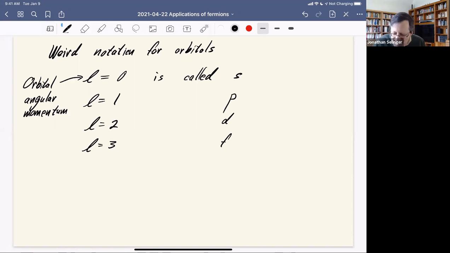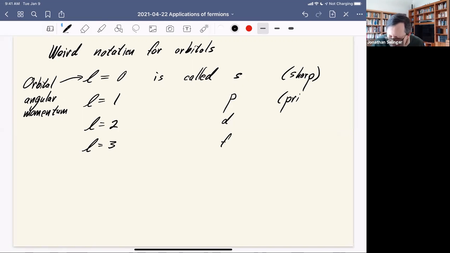Well, this is really old-fashioned notation, and when people were first observing spectral lines, right, doing spectroscopy experiments, even before they really knew much about quantum mechanics, so they didn't really know about angular momentum, they just described these lines empirically. And they said some of them are sharp, so we'll call them the S lines.